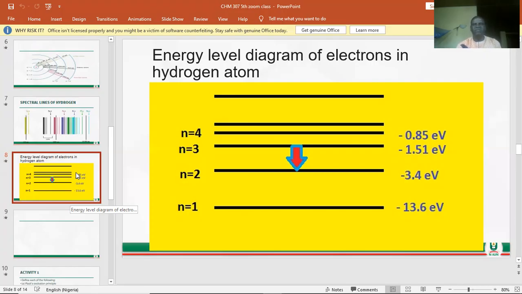And n4 is minus 0.84 electron volts. So it gives you the energy, and those lines depend on the amount of energy that is going into the atom, and it gives you particular characteristics as well. Now, I gave us the Rydberg formula, which actually gave rise to those lines that we have there.